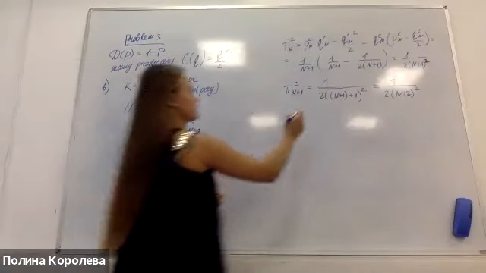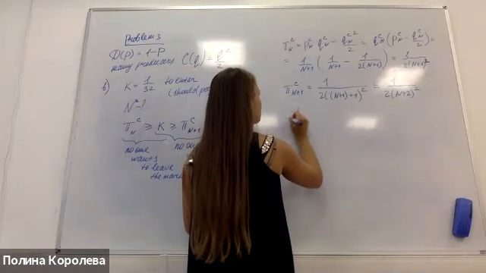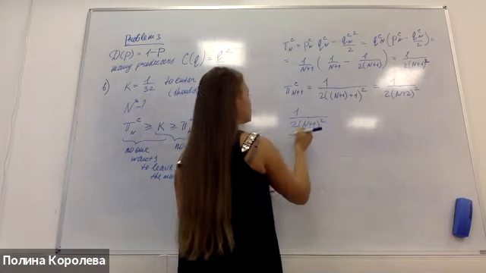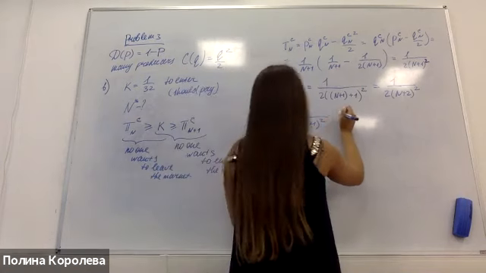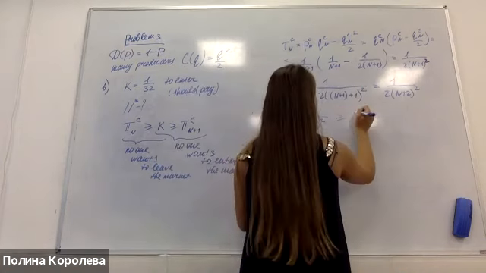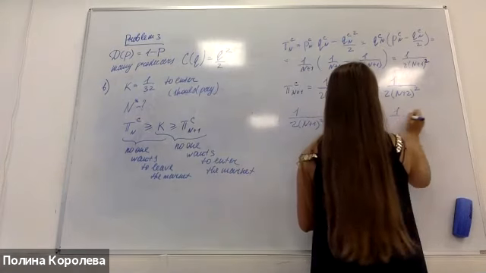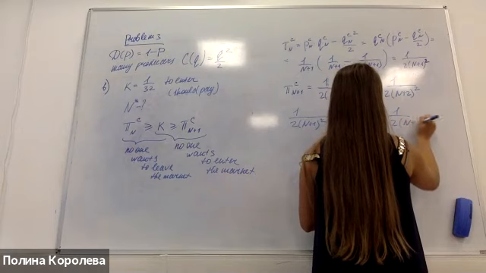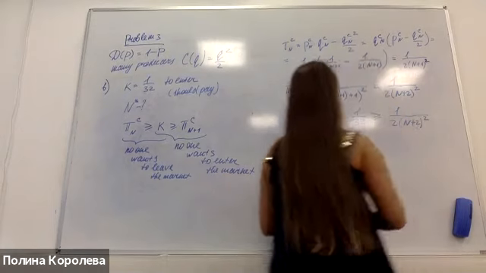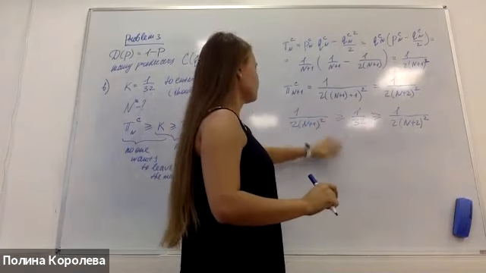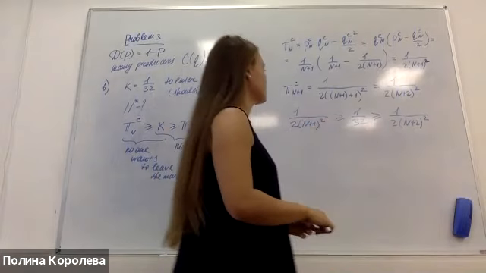And let's write our condition: 1 divided by 2 multiplied by n plus 1 squared is greater or equal to 1 divided by 32, which is greater or equal to 1 divided by 2 multiplied by n plus 2 squared. How do we solve this?